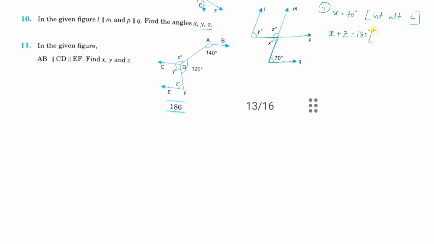The reason will be linear pair are supplementary. From here find out the value of z, that is 180 minus 70 degrees. The value of z will be 110 degrees.